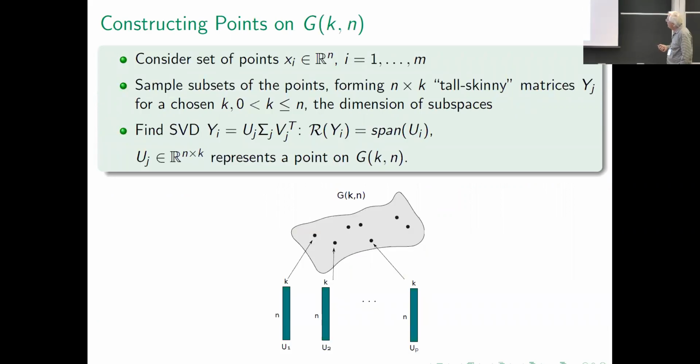The way we like to do it is we take data and we construct points on the Grassmannian. So I showed you one with the images. This is the same idea with hyperspectral imagery, where I take a collection of points, I get these tall, skinny matrices, I then do an SVD or a QR, and I get a basis, which is an equivalence class for a point. There's an equivalence class for these points.